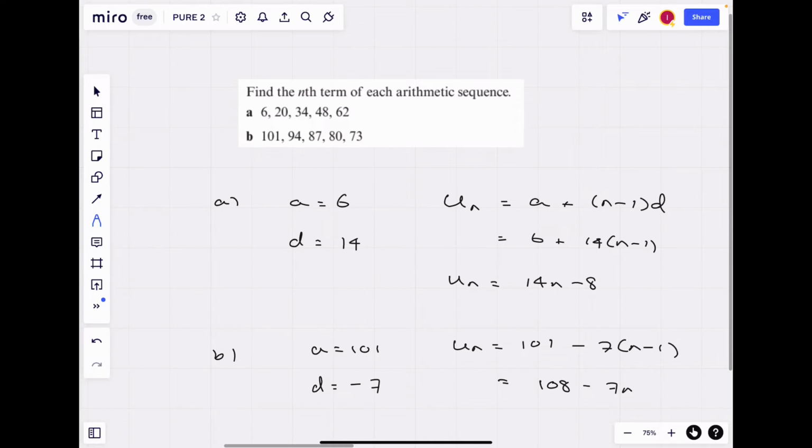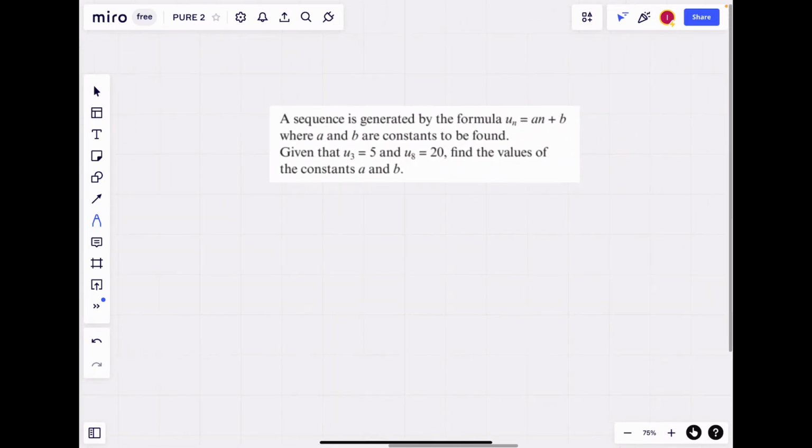Nice and easy way of working out the nth term. Here is an application type of question. It says a sequence is generated by the formula un equals an plus b, where a and b are constants to be found. Given that u3 equals 5 and u8 equals 20, find the values of the constants a and b.